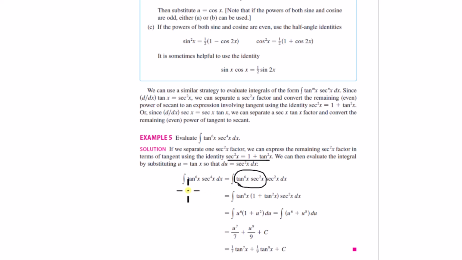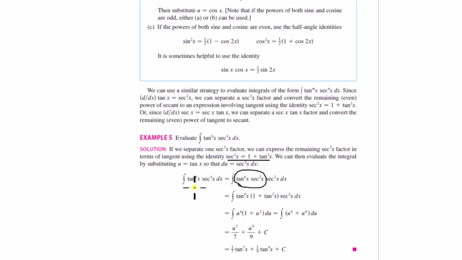And you can only do this if you have an even power of secant x. Actually, I take that back. You just need an even power of secant x to do this. The power of tangent doesn't have to be even. It can be anything. Why is that?